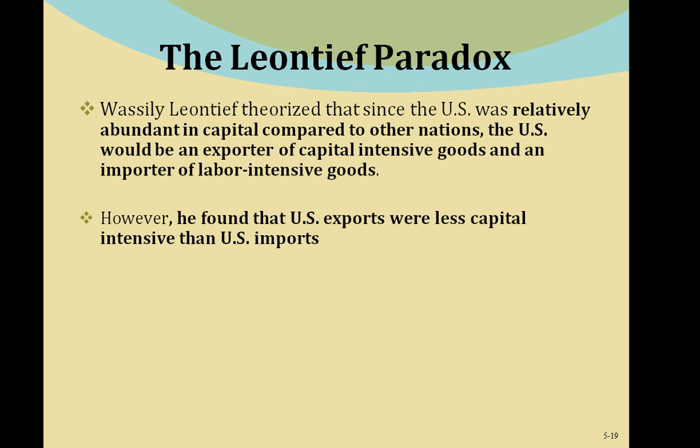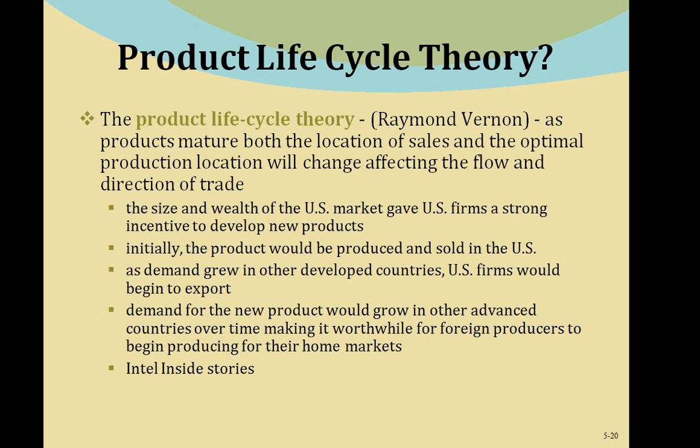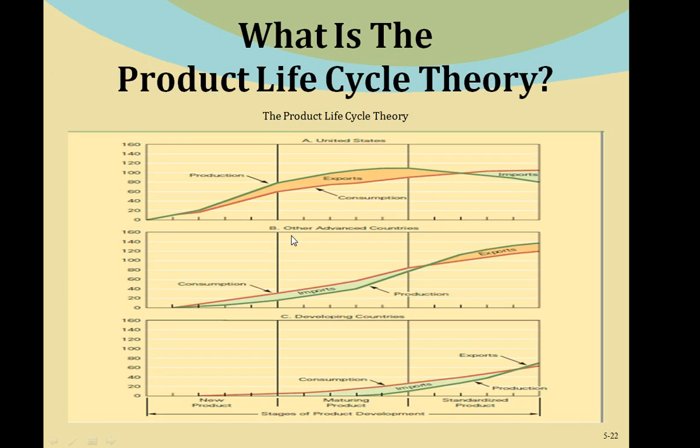Okay, we have finished this part, and then we go to the PLC, product life cycle theory. For PLC, we have looked for a while. It's introduced by Raymond Vernon. Basically, the PLC is like this. Product will go through 3 stages. First is new products, then maturing, and standardized products.